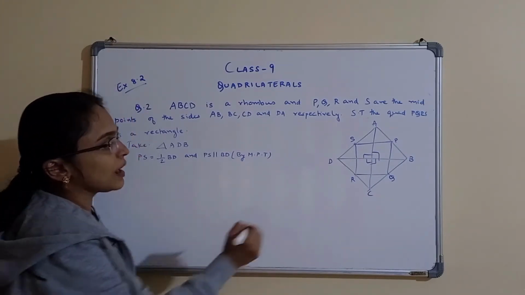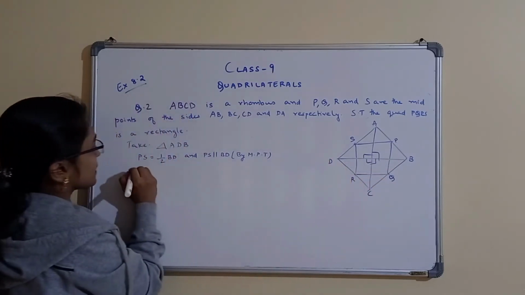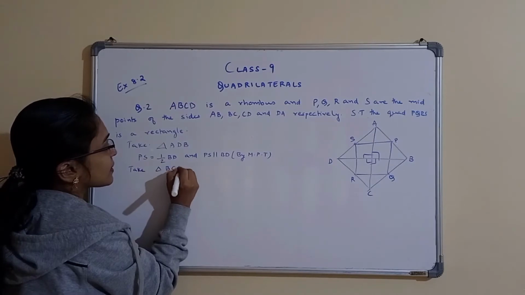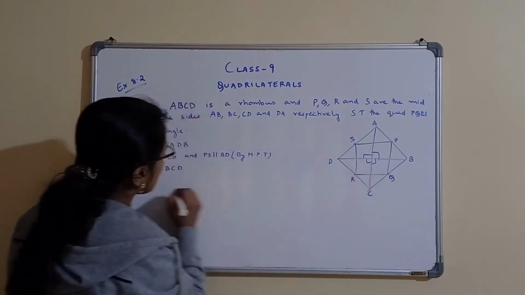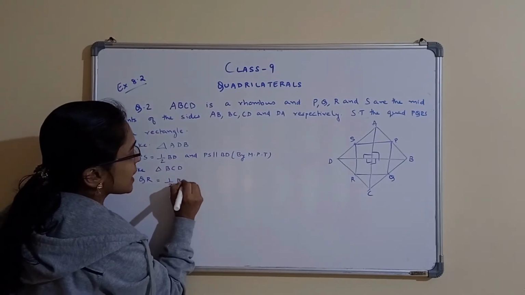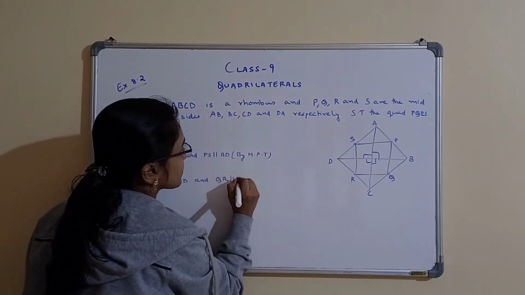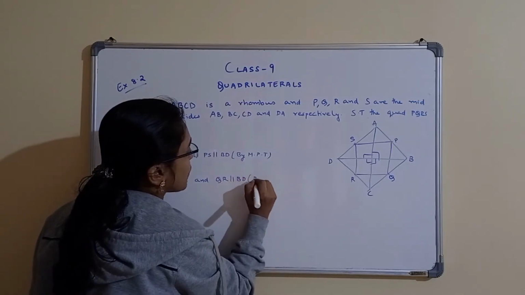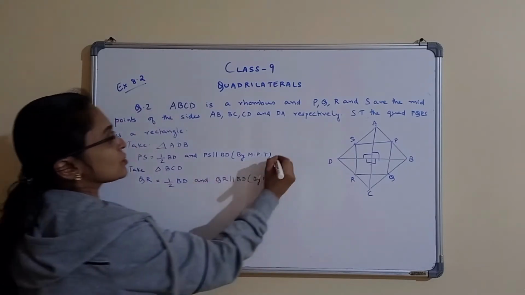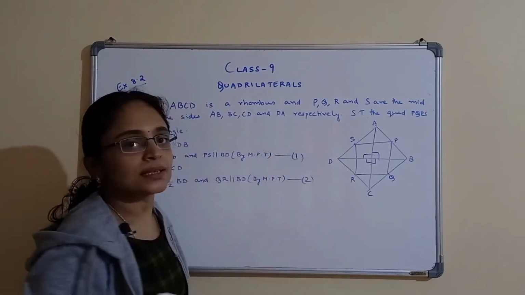Now taking triangle BCD, in that QR is equal to half of BD and QR is parallel to BD by midpoint theorem. So let's name this equation as 1 and this equation as 2.